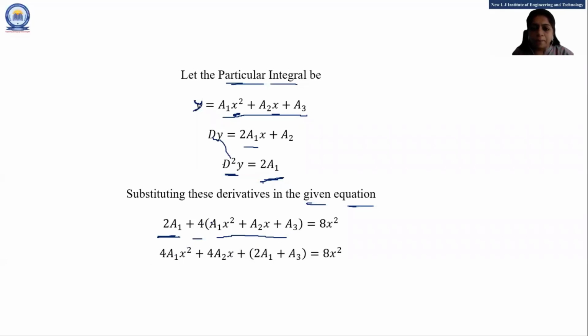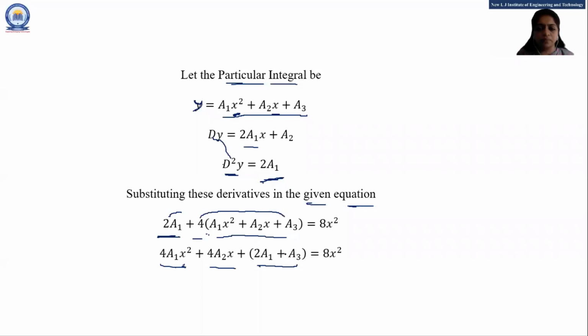If I separate all the terms in the power of x square, like terms, this 4a1x square is my first term, then 4a2x, and this 2a1 and this 4a3, both are constant terms. So I put together: this is the x square term, this one is the x term, and this one is the constant term.